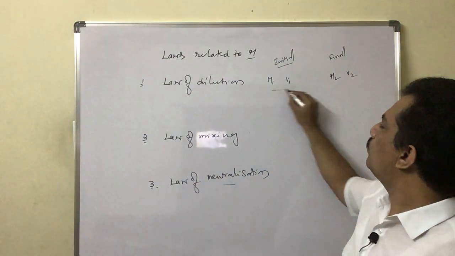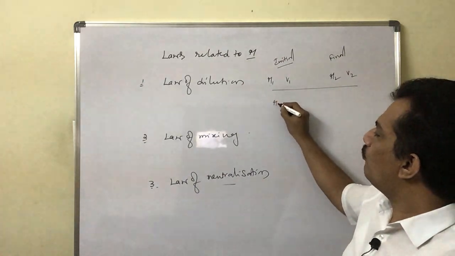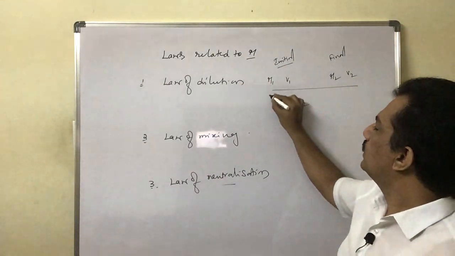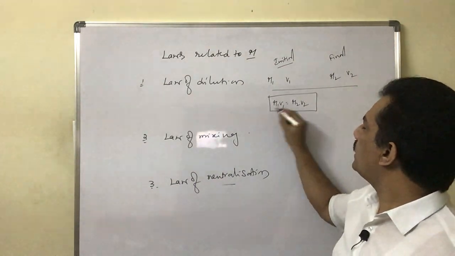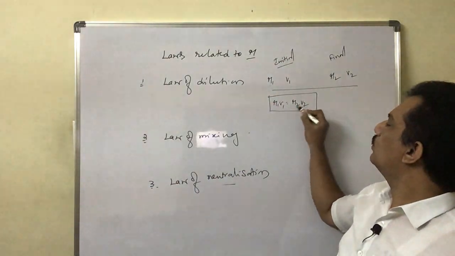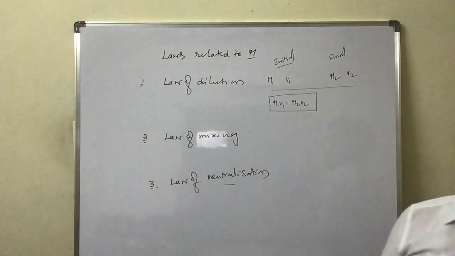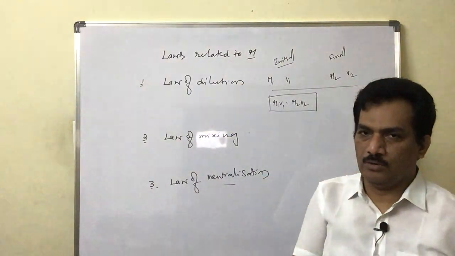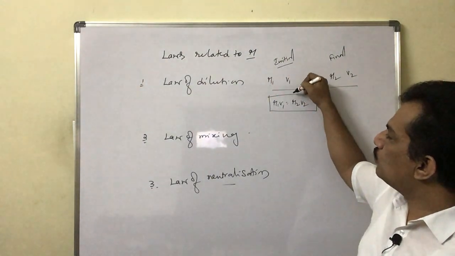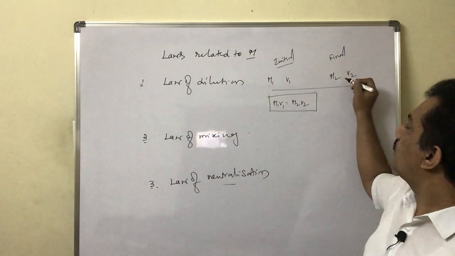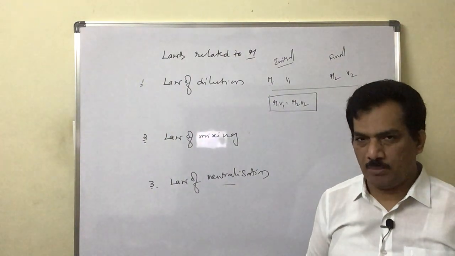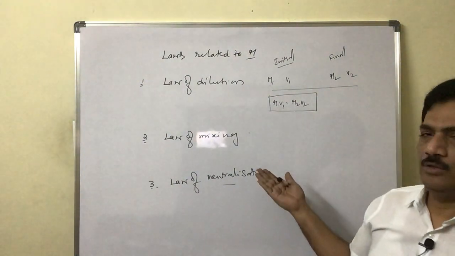Then these are related as M1 V1 is equal to M2 V2. That means the product of molarity and volume of solution before dilution is equal to the product of molarity and volume of solution after dilution. It indicates that when molarity is more, volume is less. When volume increases, molarity will decrease, but the product remains the same. That is the law of dilution.